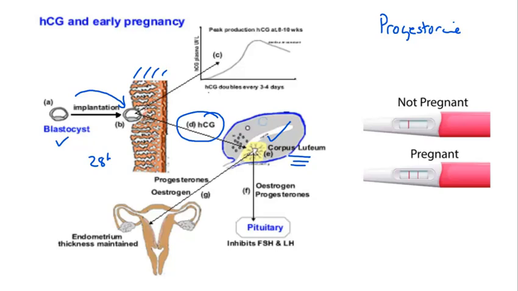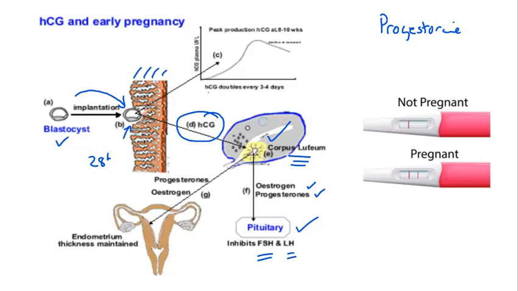And so the corpus luteum will continue to produce the hormones estrogen and progesterone, and these will bring about the inhibition of follicle stimulating hormone and luteinizing hormone in the pituitary. And of course, this prevents any more follicles developing as we already have a successful implant.